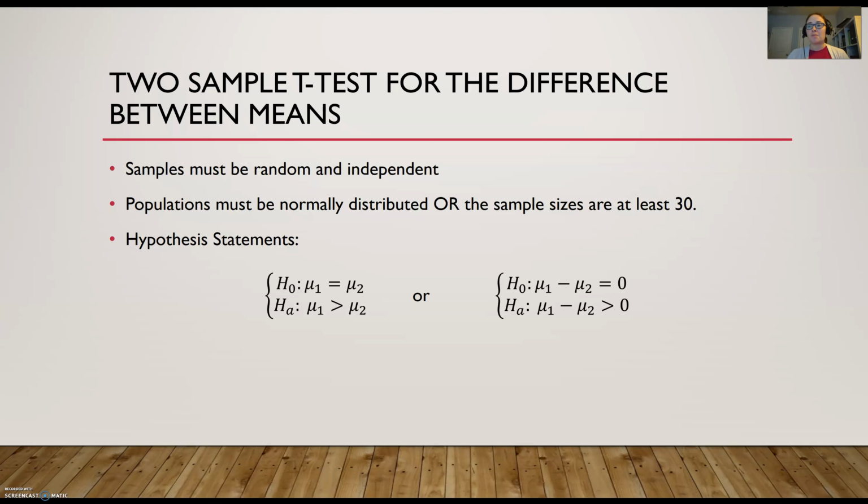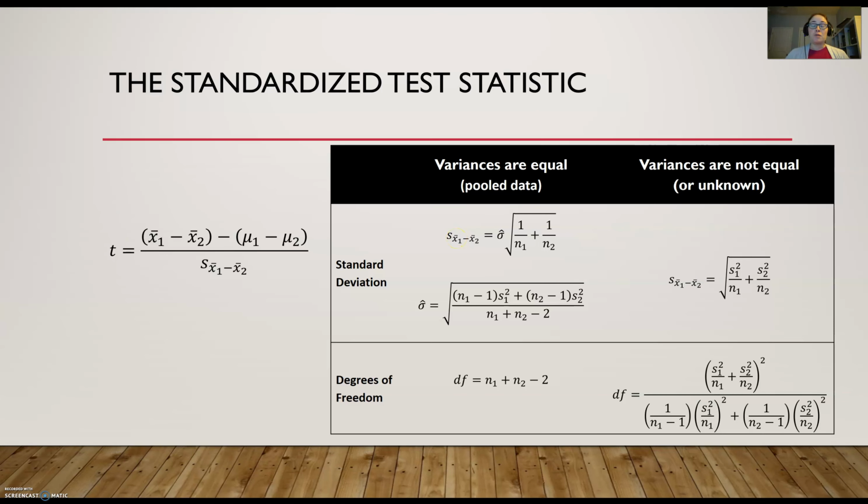The difference is helpful to remember because we're always assuming that the null hypothesis is true. So if I take the difference between the mu's, I will get 0, which helps us out in the formulas we're going to look at. Now these formulas can be a little overwhelming, to say the least. If you're using a graphing calculator to do this, you're not really going to need to use any of these formulas, which is awesome.